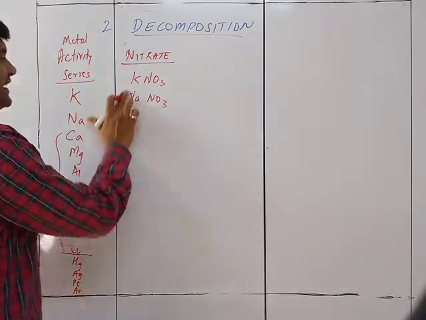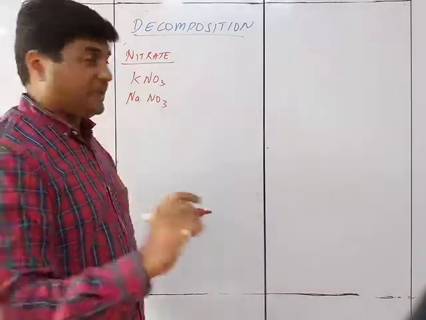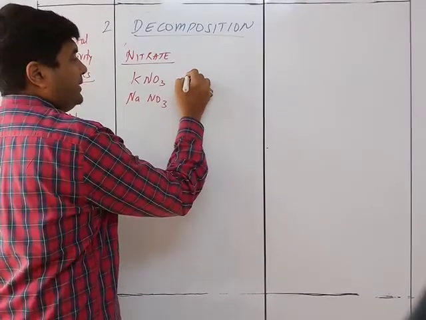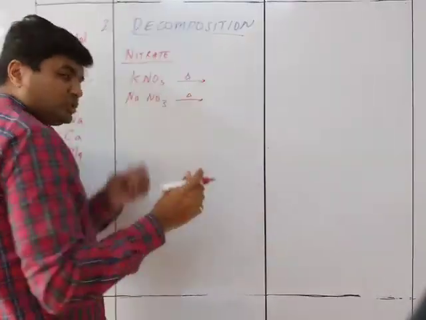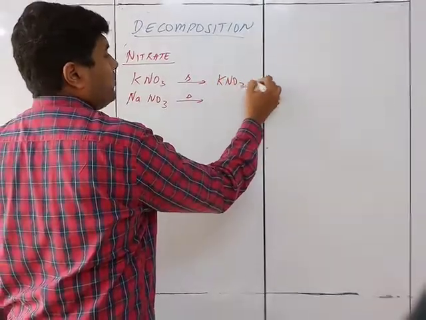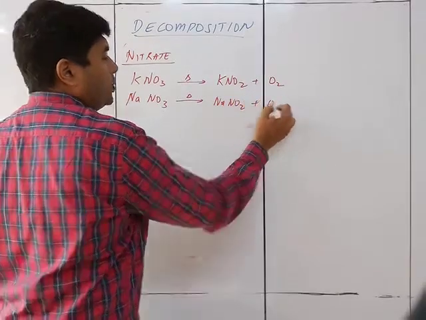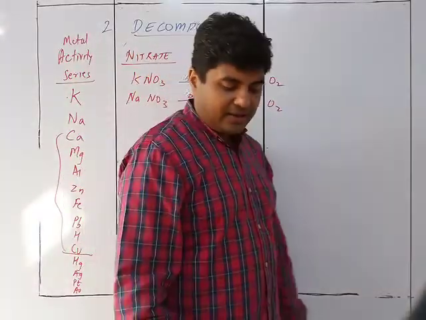These are the first time that potassium and sodium nitrates are not stable. So on heating them, they are going to just lose one oxygen to give you KNO2 plus O2 or NaNO2 plus O2. This is the only thing different over here.